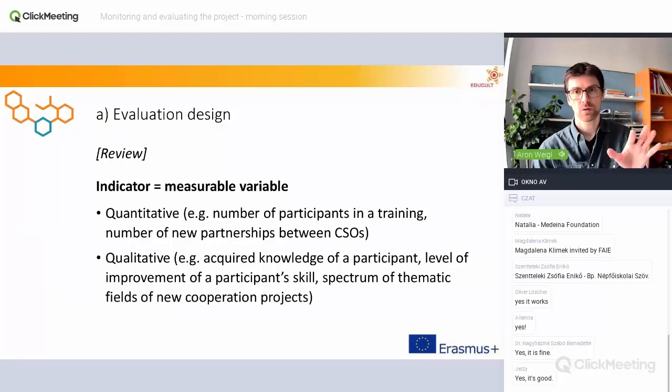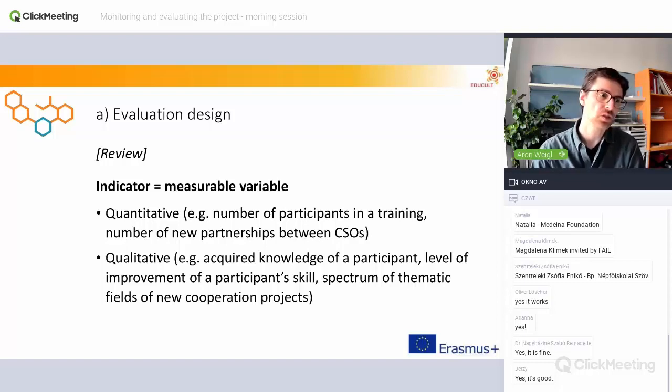When you have the questions, you have to think about indicators, as I said. Just a short review: what is an indicator? We told you on Wednesday. It's a measurable variable, and they can be quantitative and they can be qualitative. I think you've heard about it. I don't need to tell you again, but it's just a suggestion: do not stop at quantitative indicators. Do think about qualitative aspects.